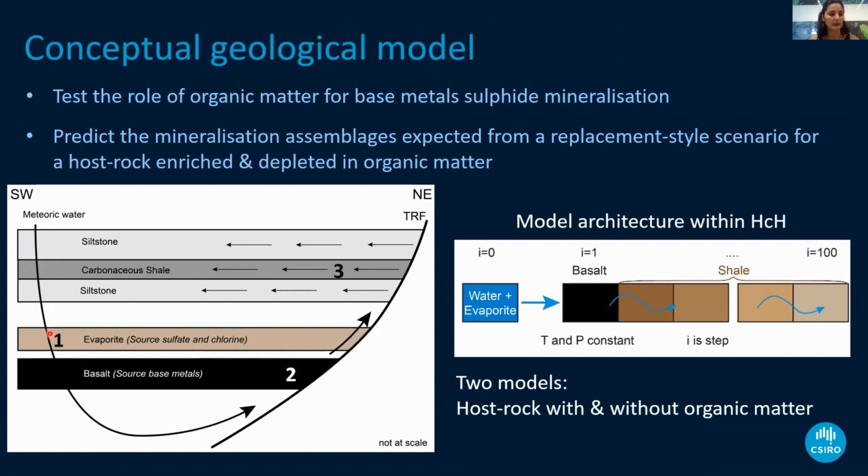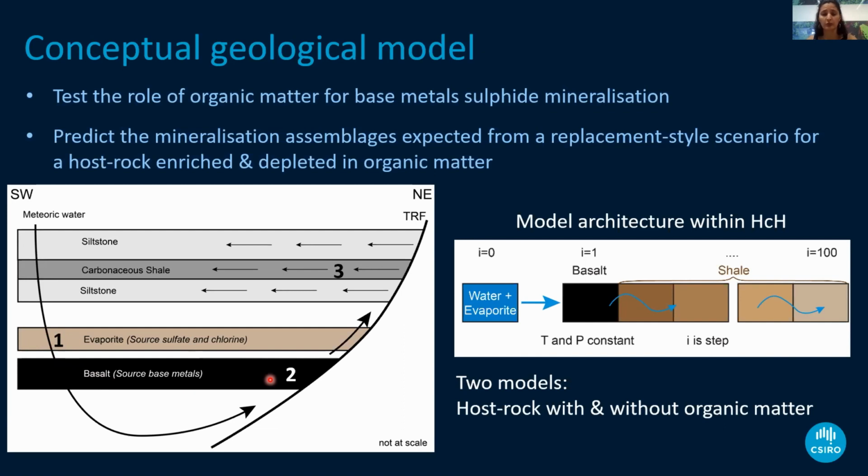The first one is the interaction of this fluid with an evaporite bearing sequence, which leads to an oxidized and highly saline fluid. That fluid then circulates through psammitic basalt, which is believed to be the source of the base metal. And it is that interaction between that oxidized fluid and that basalt that allows the zinc and the lead to be carried in solution.